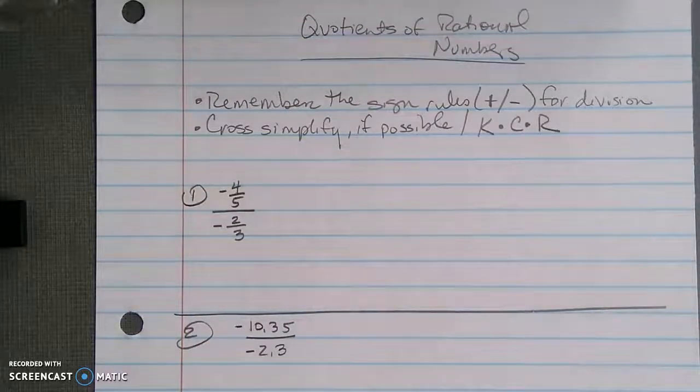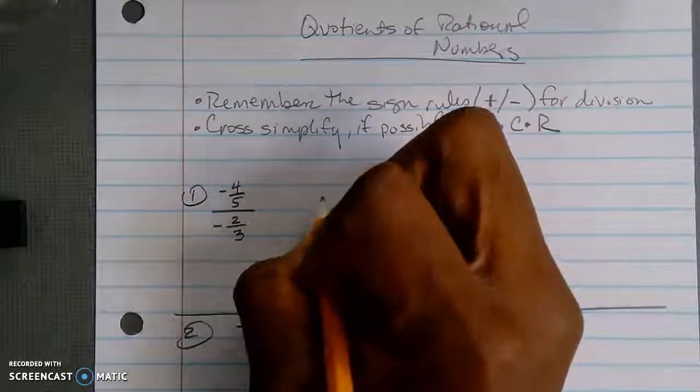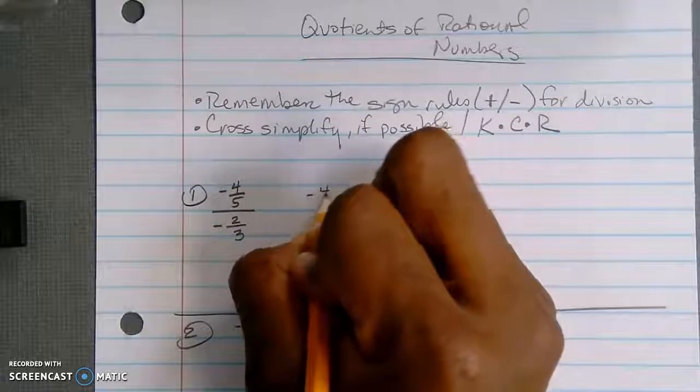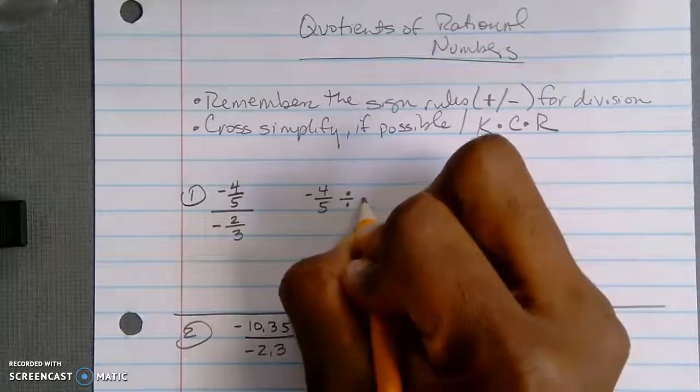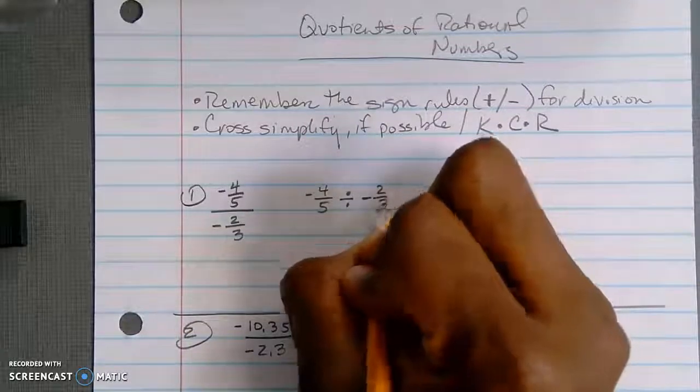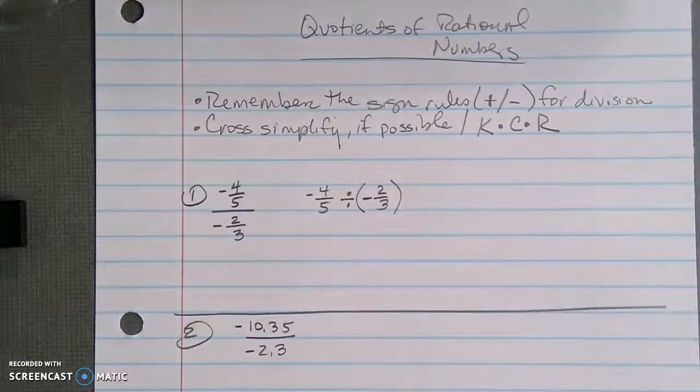Both of these fractions are negative, as you see. So I'm going to put this into a form that I recognize: negative 4 over 5 divided by negative 2 over 3. I'm going to put this in parentheses just because I want to pay special attention to the fact that there is a negative sign there.